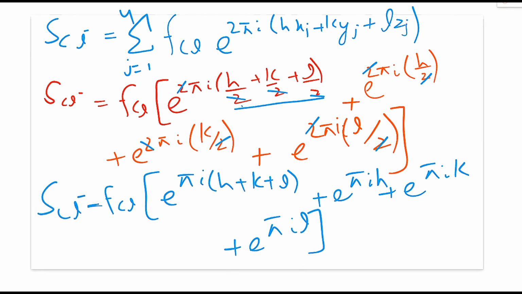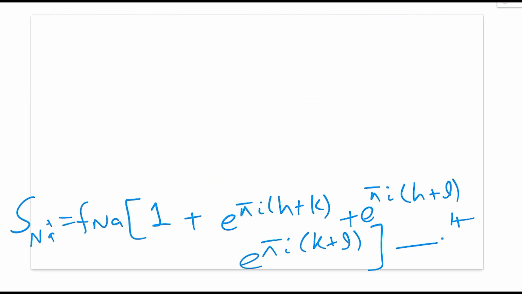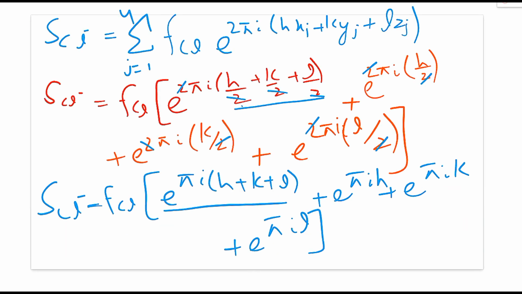And in the next step what I'm going to do is that I'll take e to the power pi iota (h plus k plus l), I'm going to take this whole thing common, and it will enable us to have this first quantity as 1. Okay, since we can see that here we had 1, and I want to create a similar kind of situation here, so I'm going to take this thing common.